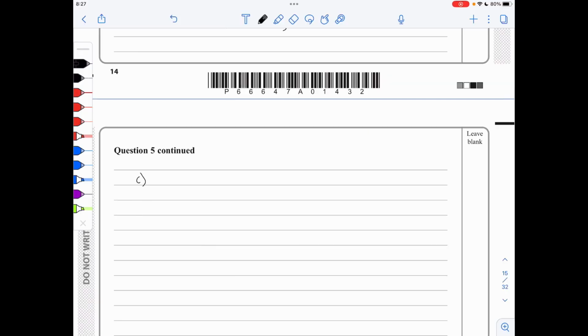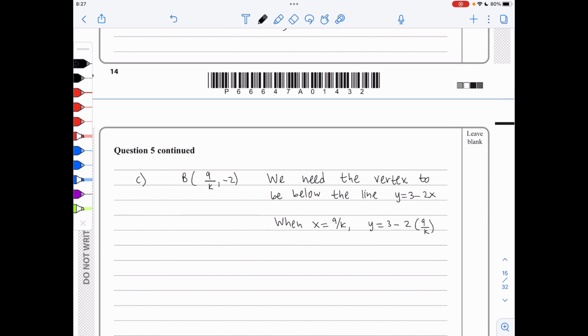So we start by writing that B has coordinates 9 over k, negative 2, and we need the vertex to be below the line. So when x is 9 over k, I will substitute this into y. So y is 3 minus 2 times 9 over k, which leads to y being 3 minus 18 over k.